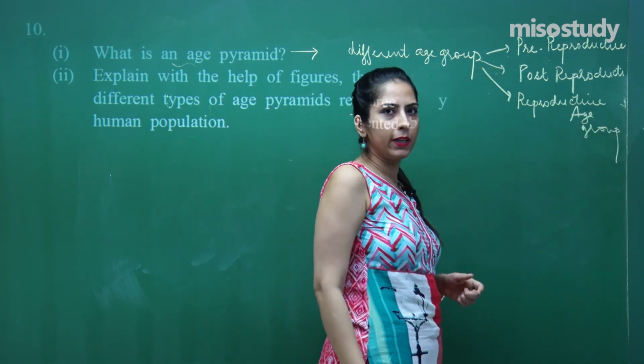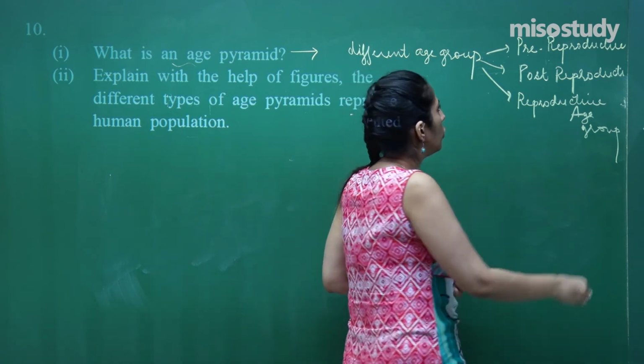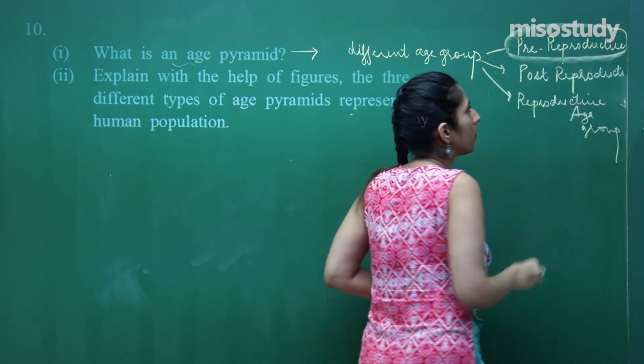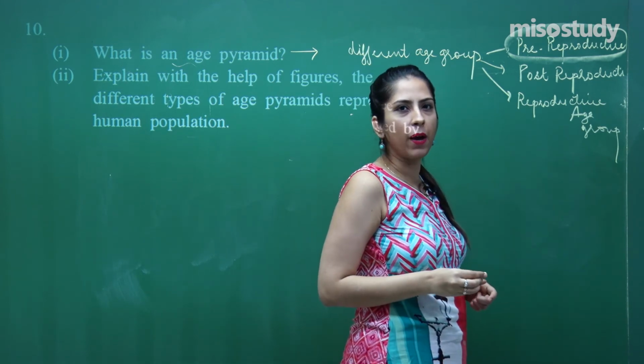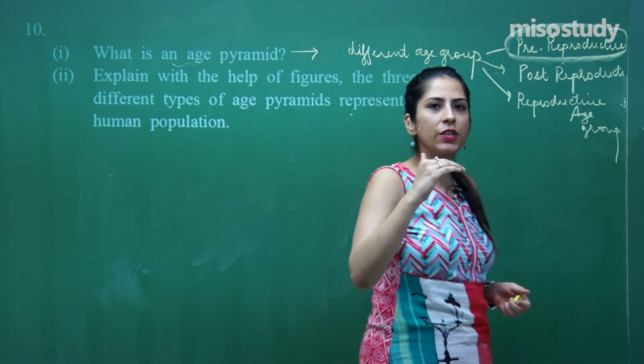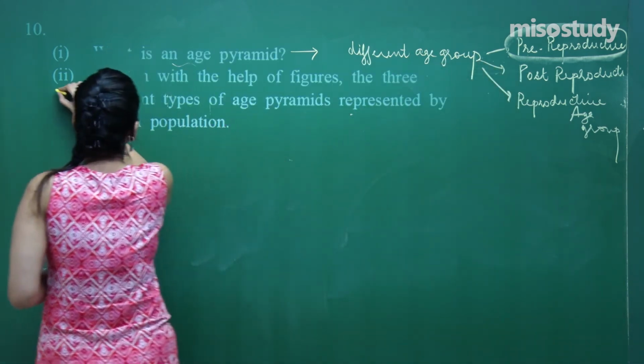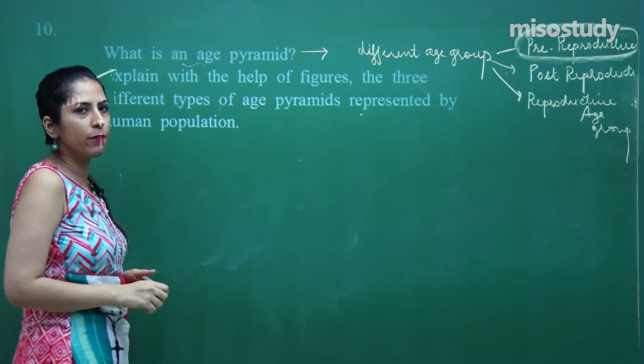One thing should be clear in your mind. Those organisms who belong to the pre-reproductive age group are important for determining whether this population is growing or not.